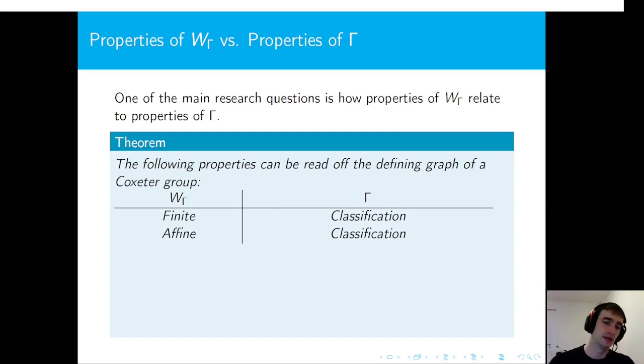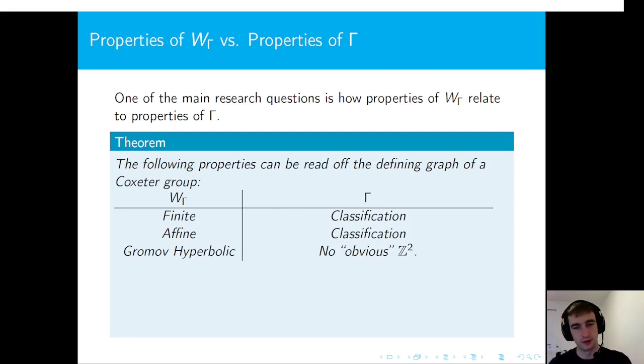The next one is being Gromov hyperbolic. If you know what that is, great. If you don't, it doesn't really matter. But the condition is that there's no obvious Z-square in the graph. And this can be phrased in terms of the graph gamma. Essentially, what you don't want is to have a direct product of two infinite Coxeter groups.